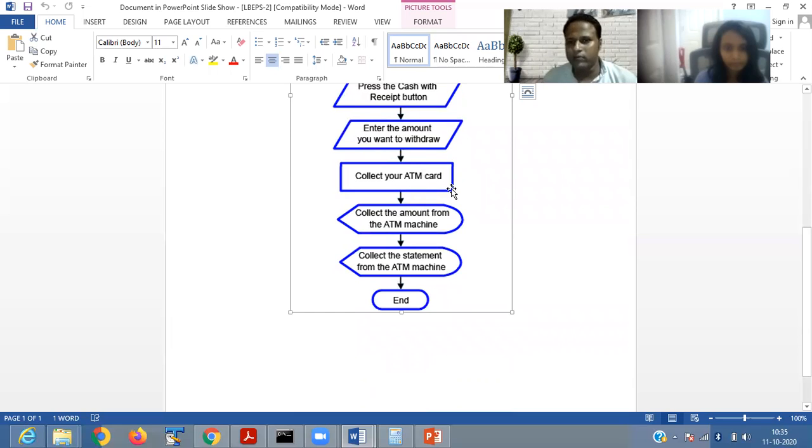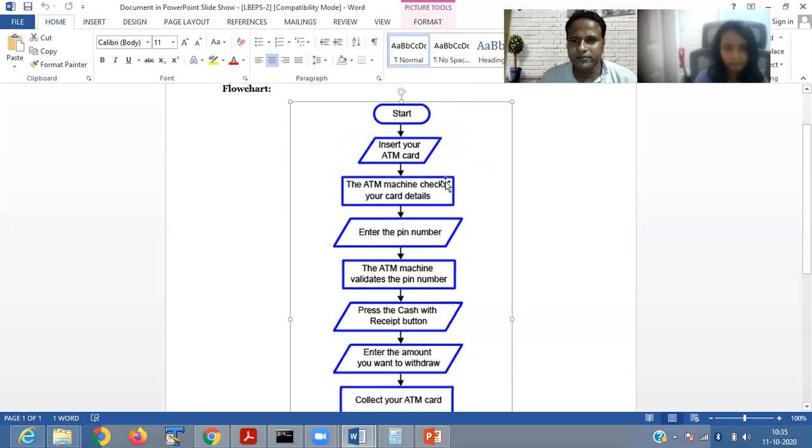We take our ATM card from the machine. Then we collect the amount from the ATM machine. Collect the statement from the ATM machine. Then the end of the flow. Clear?